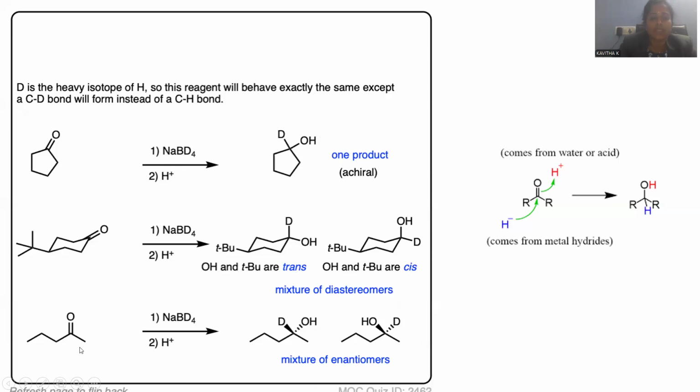And I'm taking another compound, 1, 2, 3, 4, 5, pentanone, 2-pentanone in specific, treated with deuterated sodium borohydride, giving rise to a mixture of enantiomers. Why enantiomers? Because this carbonyl carbon is the enantiotopic one. That means after the addition of this hydrogen, there is a formation of a chiral center.